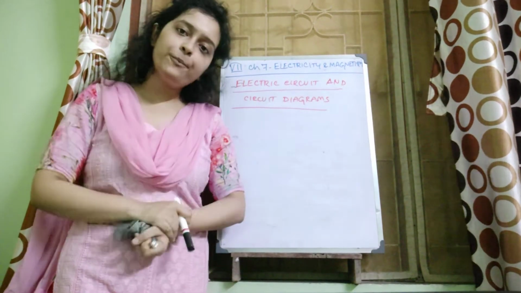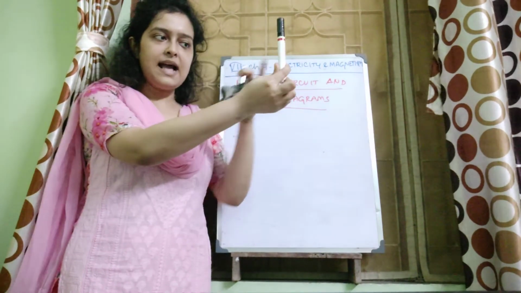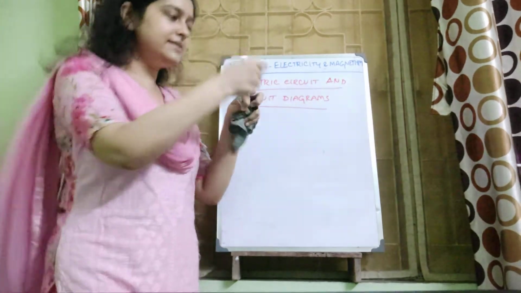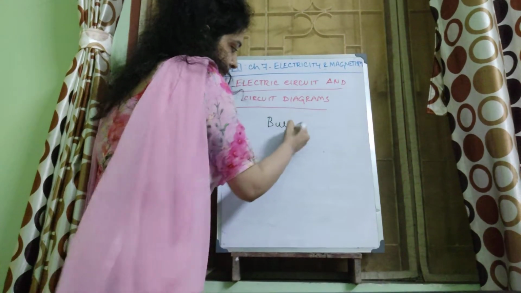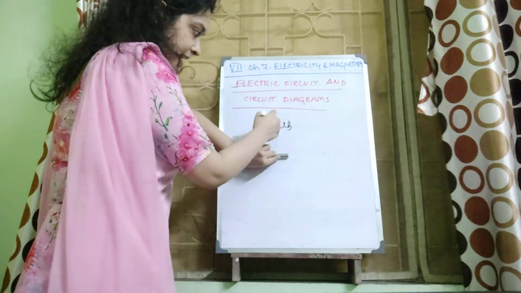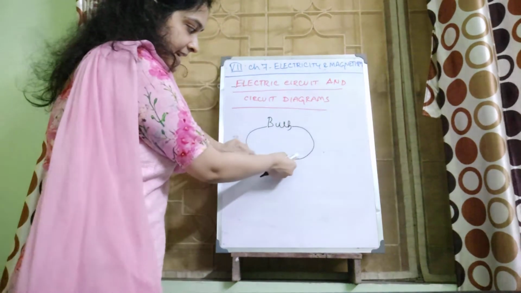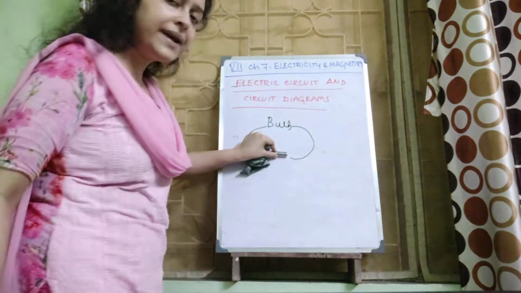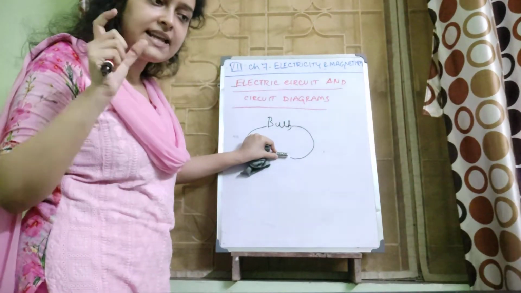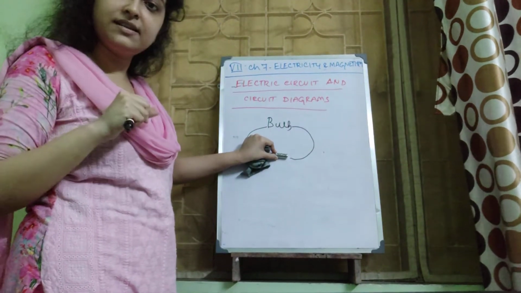What do we mean by components of an electrical circuit? When I am connecting the cell with the bulb and the connecting wires, one end here, another end here, how many components? That means what are the things present in the electrical circuit?